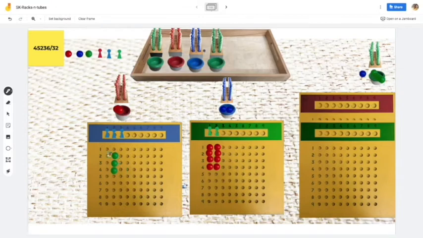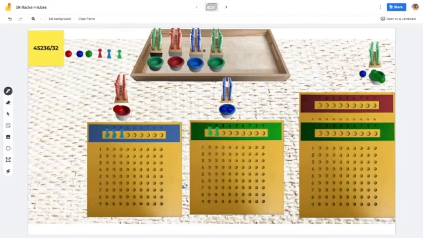While clearing the boards on this virtual material, we just delete the beads, but in the actual material we put back the beads into the tubes on the racks. Yes, we are done with clearing the board.